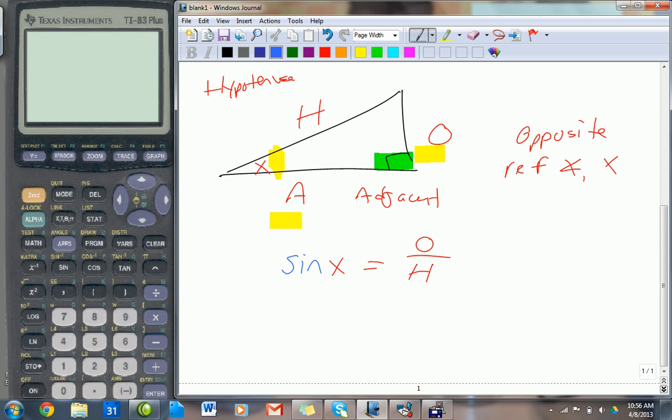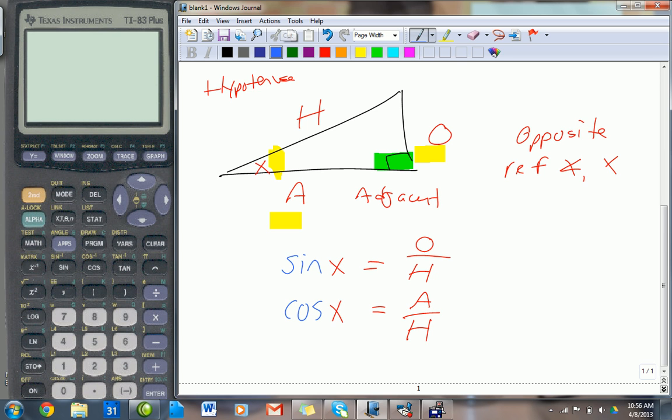Another trigonometric function we define is called the cosine. It's spelled cosine, but we abbreviate it cos. The cosine of that reference angle x is equal to the ratio of the adjacent side over the hypotenuse.